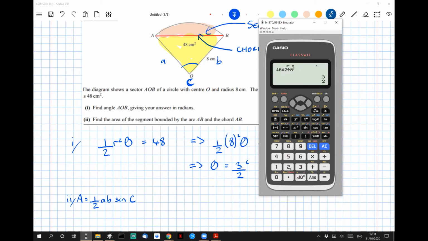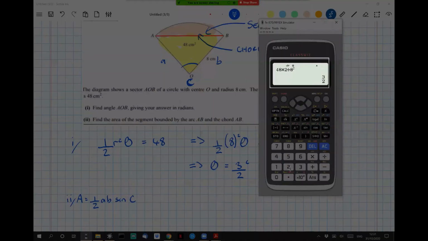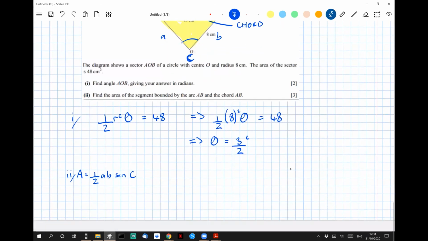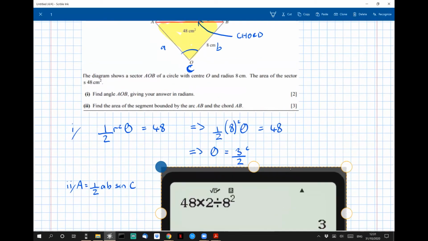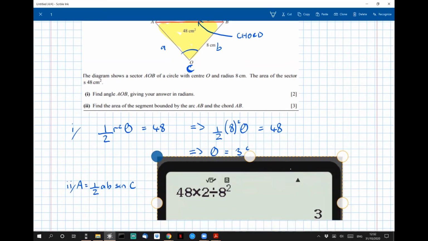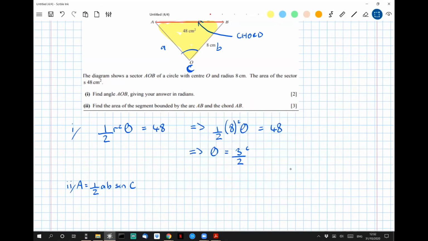I'm going into radians. And you can tell whether your calculator is in degrees or radians by looking at the screen. And you can see there, it's in radians. That little R there indicates it's in radians. That would be a D if it was in degrees.